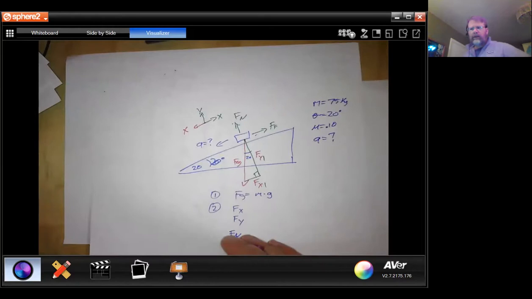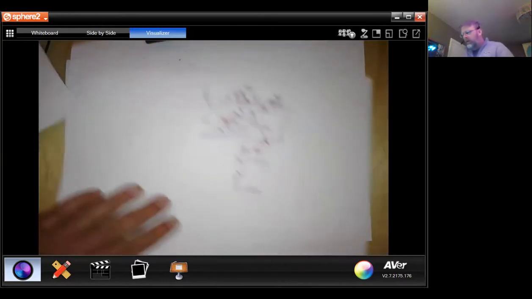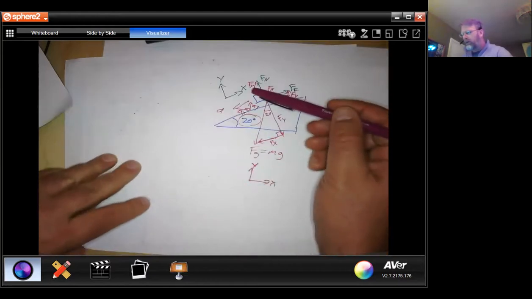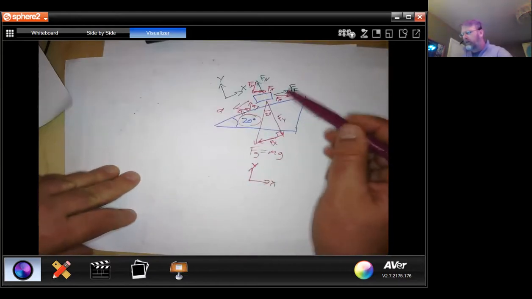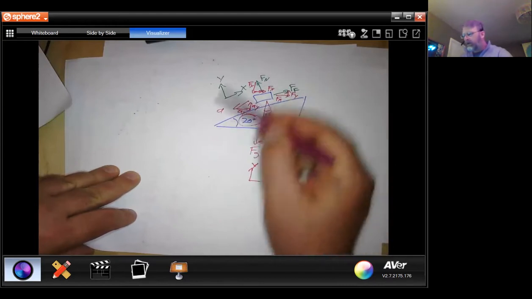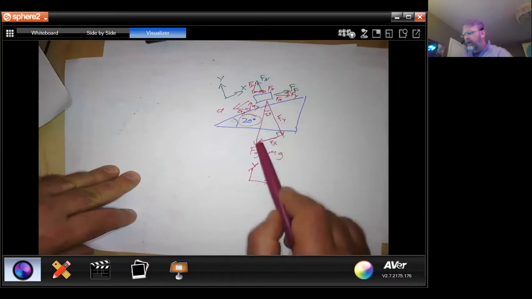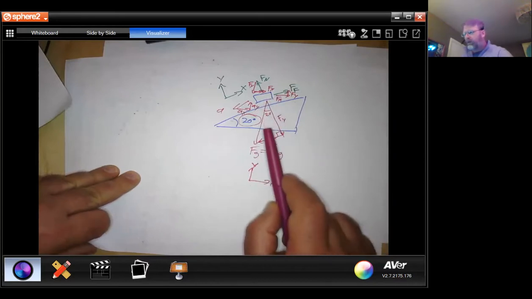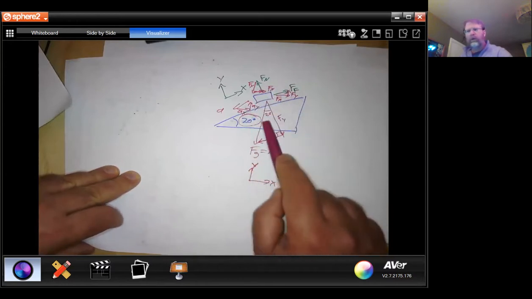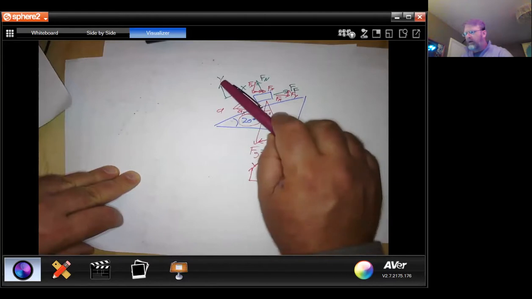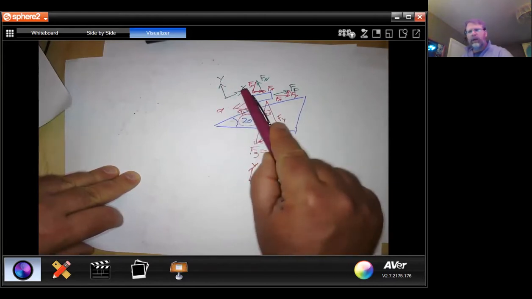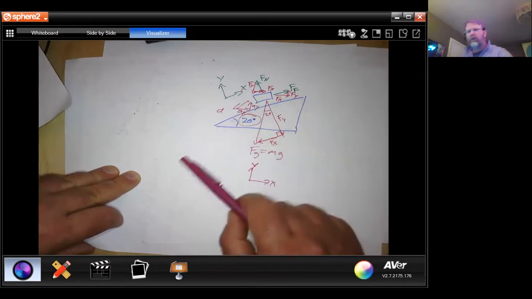We could set it up with our XY coordinate system normal, and then break up the y and the x of this one, and the x and the y of this one, and the x and the y of the acceleration, and keep gravity up and down. That would give us one way to solve the problem, but we'd have to keep doing trig over and over again. The other option is to take that coordinate system and turn it so that it's parallel to the surface.